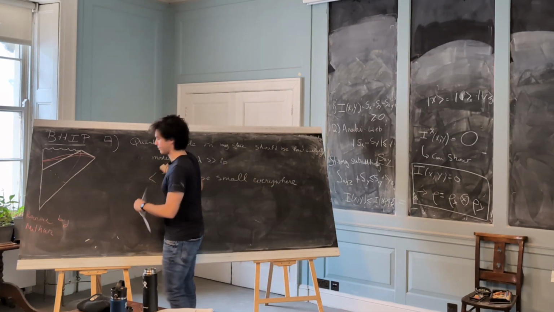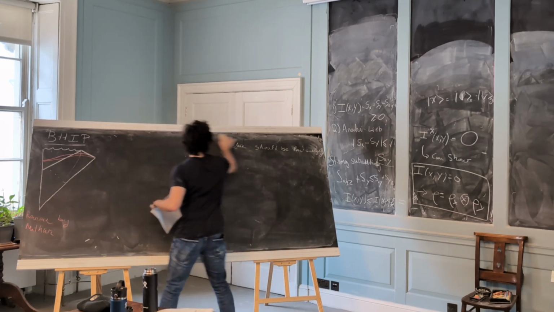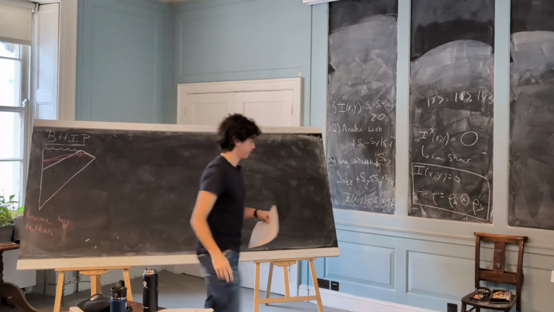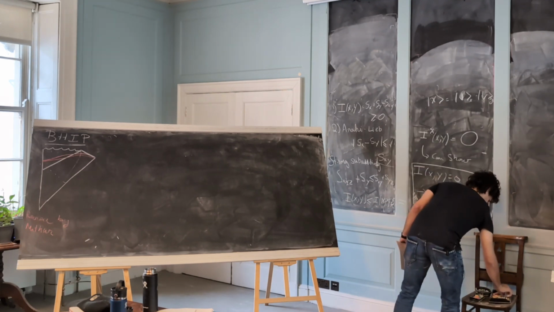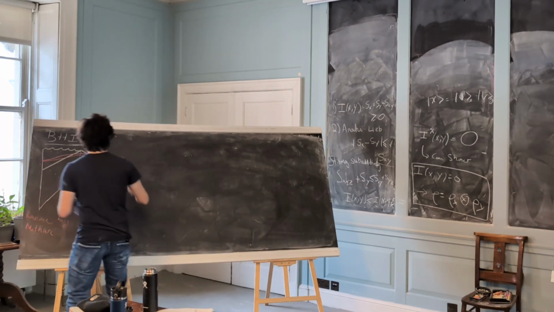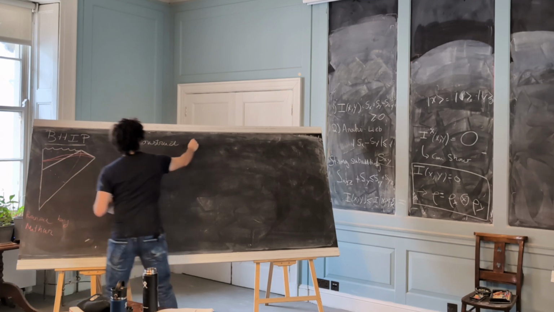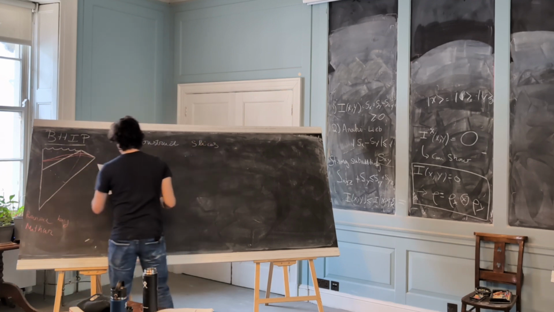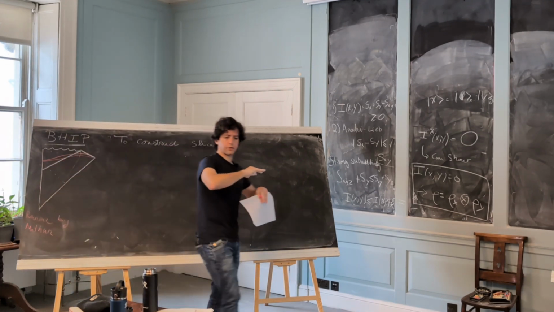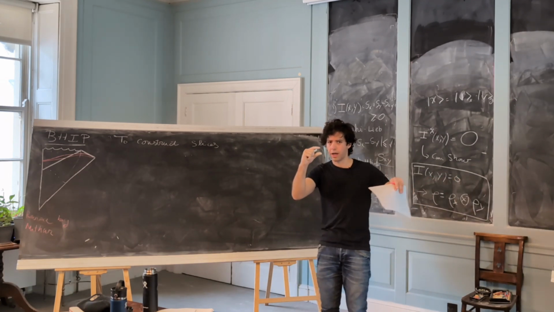Can I erase this? Okay, so for R outside of the black hole, we're going to take this static approximation, which is good for short time intervals.